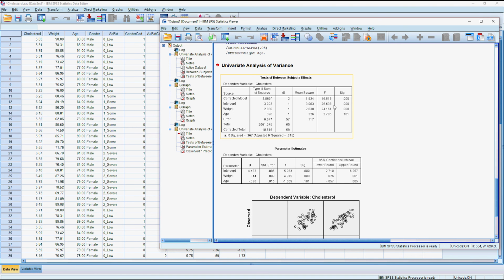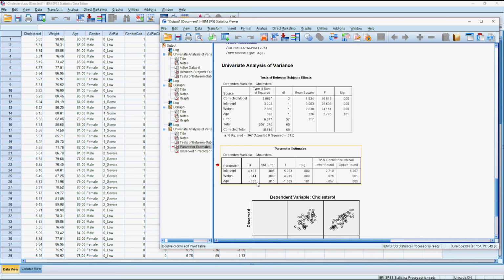And down here we've got our parameter estimates. So if you wanted to write out the equation, these betas are what you would use. So it's saying that cholesterol is equal to, on average, 4.4, or 4.5 if you're rounding, plus 0.044 times your weight. So for every extra kilo you have on you, your cholesterol is going up by about 0.044.